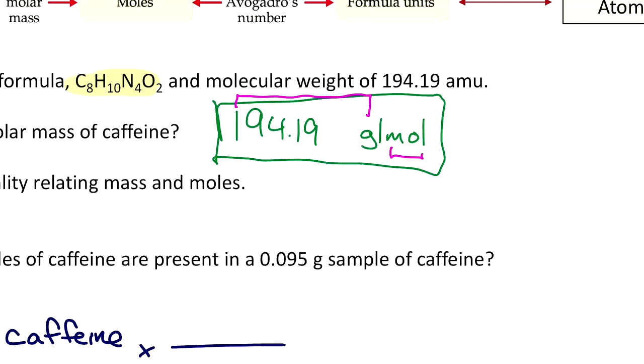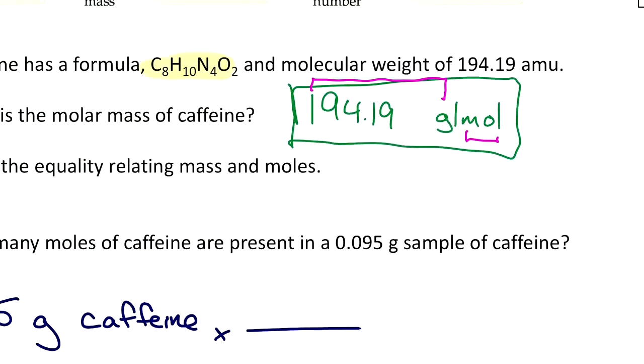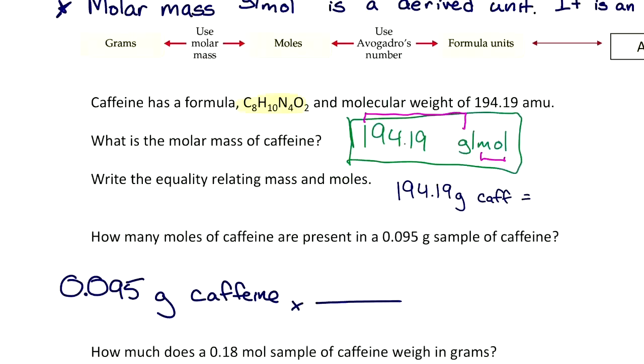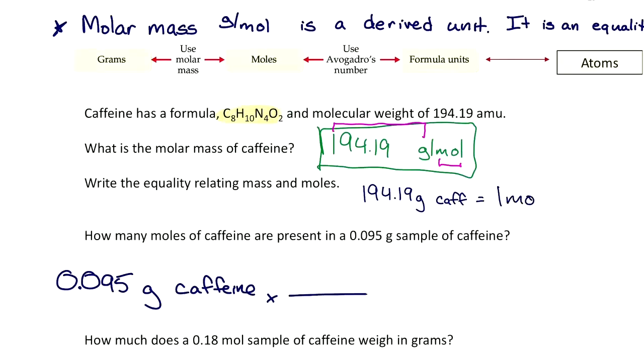So what molar mass means is that if I have a sample of caffeine, 194.19 grams of caffeine is equal to 1 mole of caffeine. That's what molar mass means when rewriting that derived unit into an equality: 194 grams equals 1 mole.